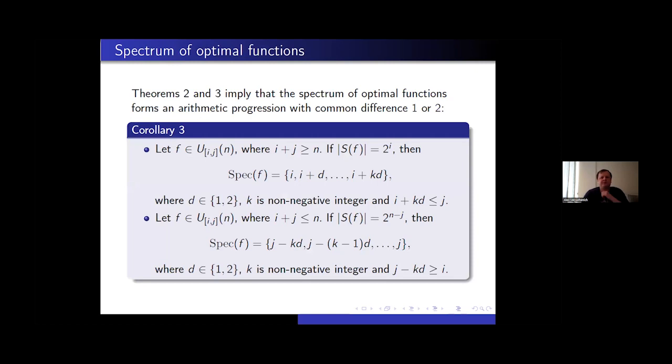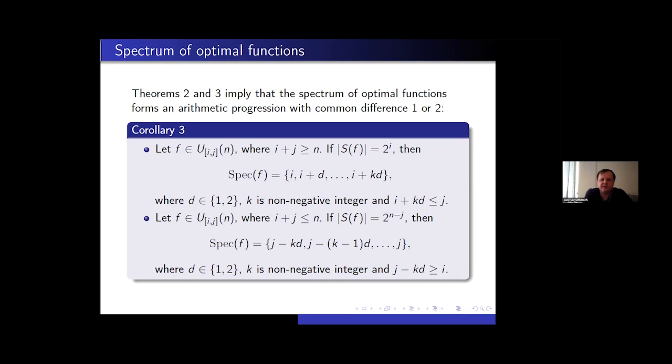Using Theorems 2 and 3, it isn't difficult to obtain that the spectrum of an optimal function forms an arithmetic progression with common difference 1 or 2, and more precisely, we have the following result. Let f belong to the space U_{i,j} of n, and i plus j is greater than or equal to n.